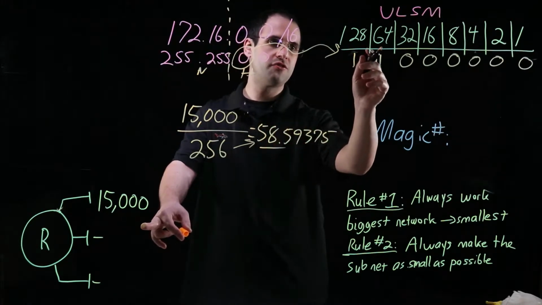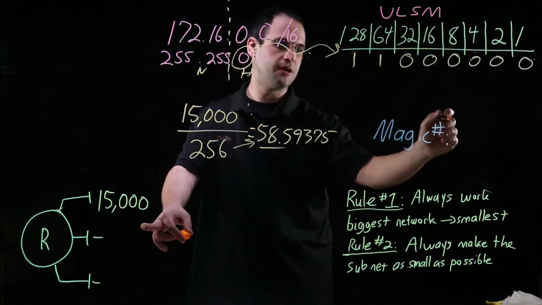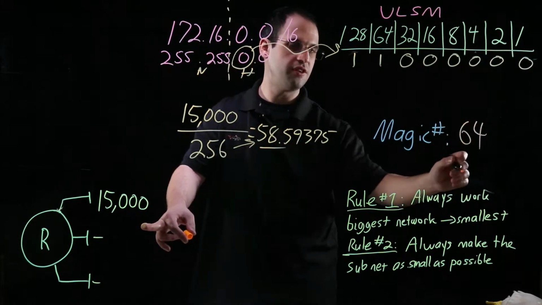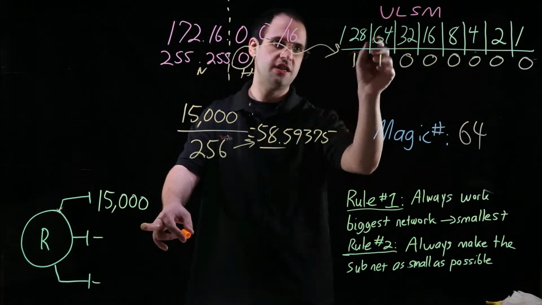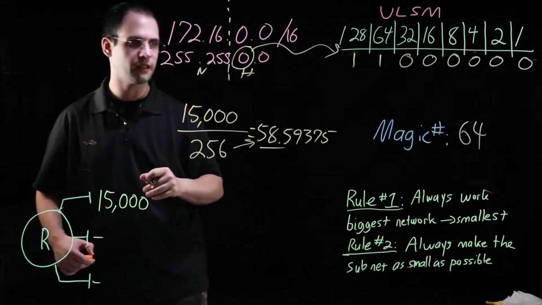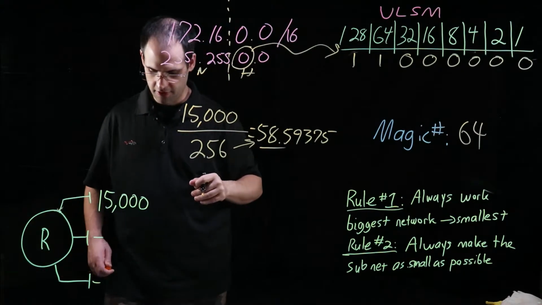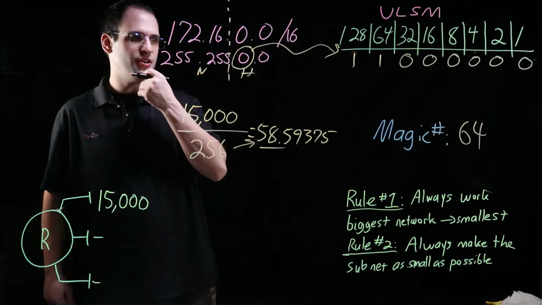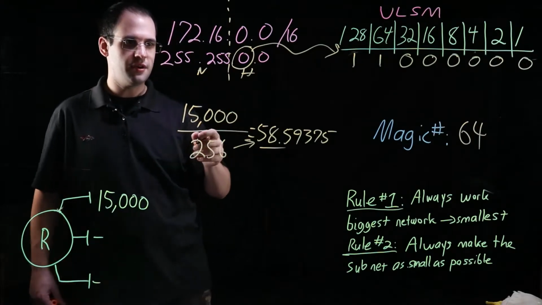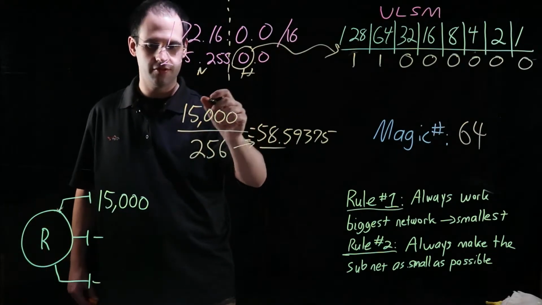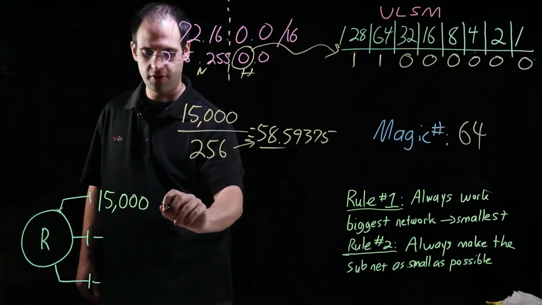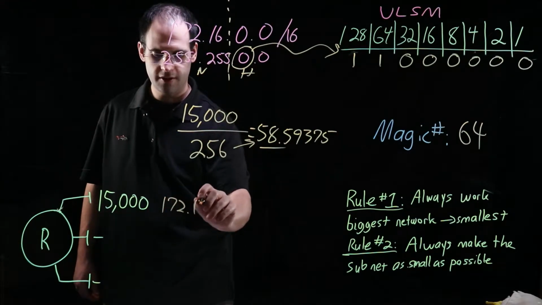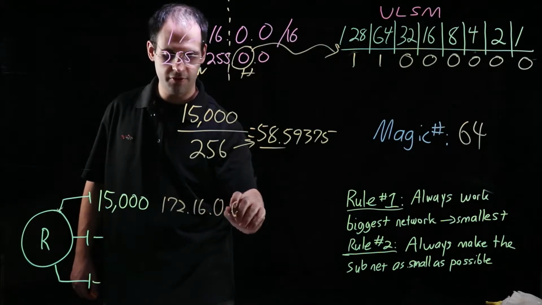And so now looking at this chart here, we can figure out that our magic number in this case is 64, as we can borrow 2 bits, we can fit this 58 inside of this 64. All right. So because of this, we now know that our new subnet will start at 172.16.0.0.